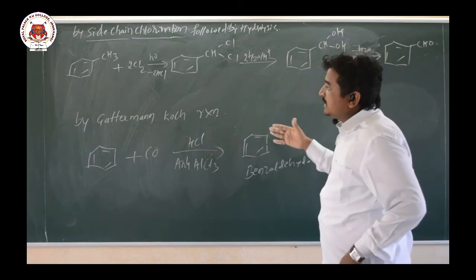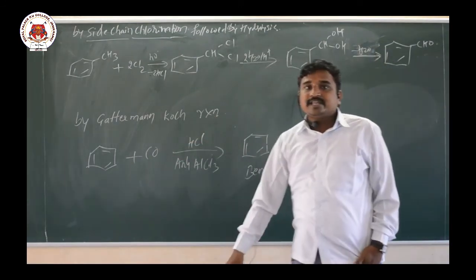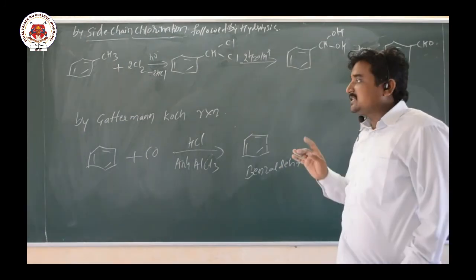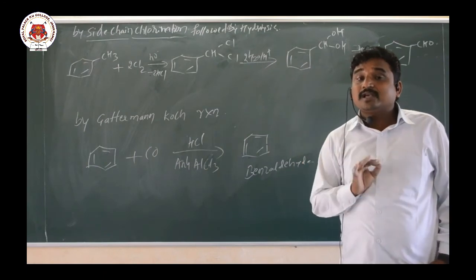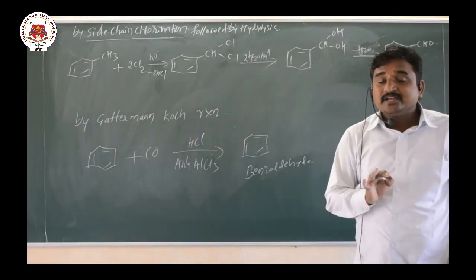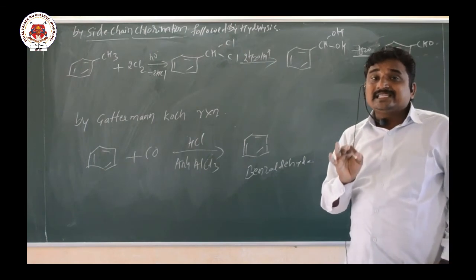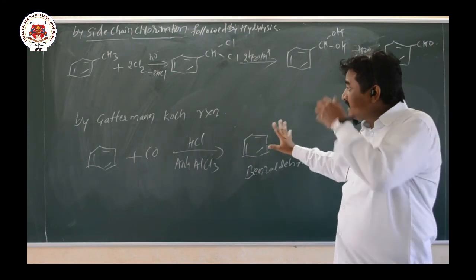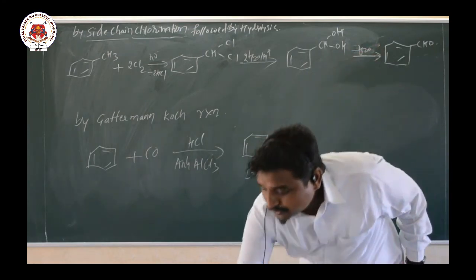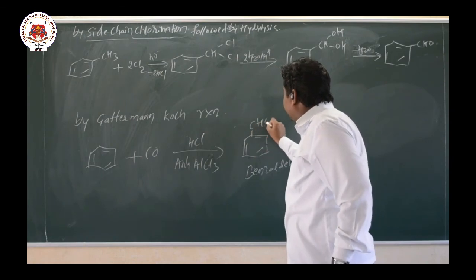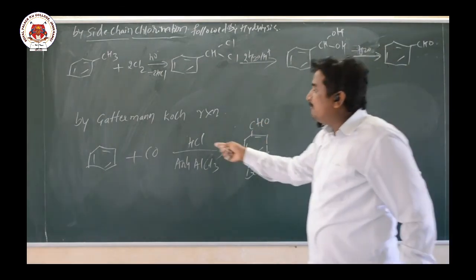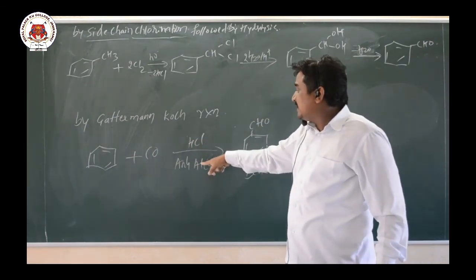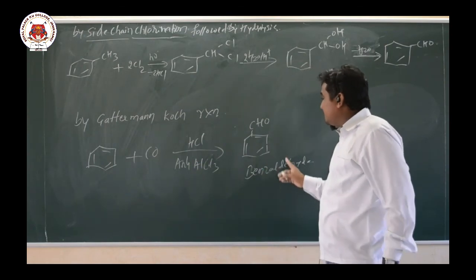The next one is the reaction by Gattermann-Koch reaction. This is a very important named reaction. In the Gattermann-Koch reaction, when benzene reacts with carbon monoxide and HCl, hydrochloric acid, in the presence of anhydrous AlCl3, that gives benzaldehyde.